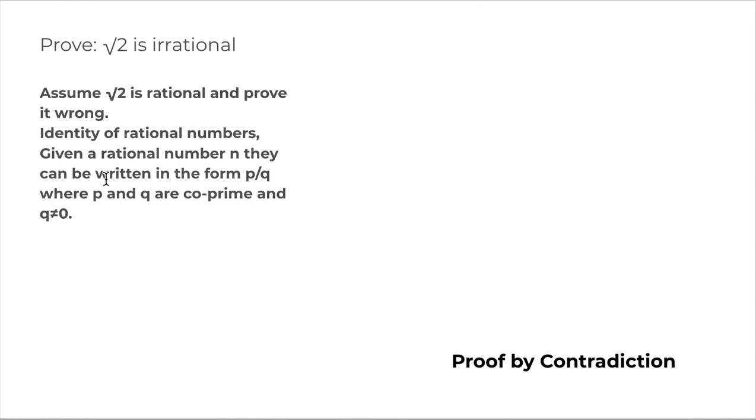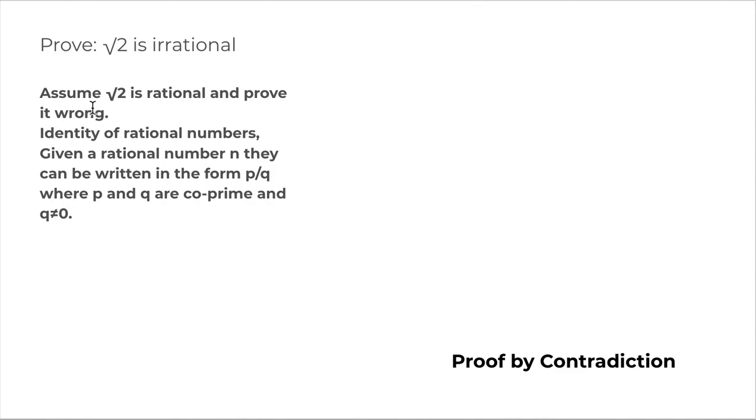But if I say 2 and 4, they're not co-prime because they share the factor 2. 4 can be written as 4 times 1 and 2 times 2, and 2 can be written as 2 times 1. So 2 has factors 1 and 2, and 4 has factors 1, 2, and 4, which share the factor 2, and hence they are not co-prime. So when I say p and q are co-prime, that just means that they do not have a common factor, right? So let's go into it.